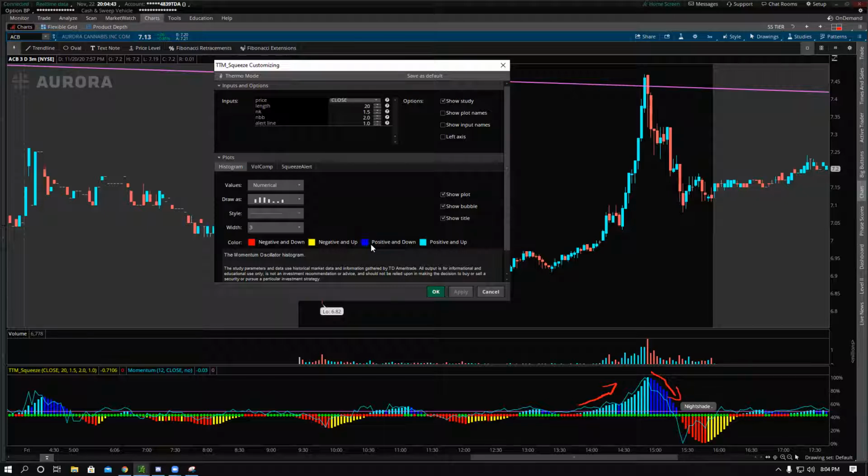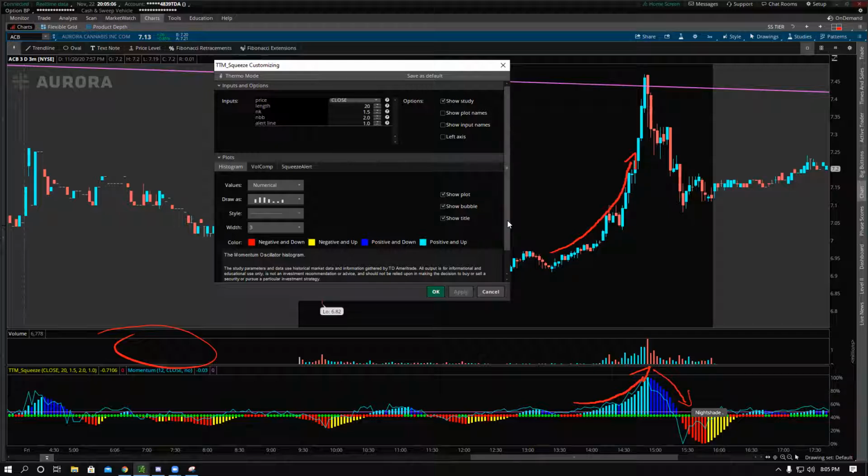Whenever you're on the top half of your TTM, you're going to have 2 colors for upwards momentum. This light blue color shows when the momentum's increasing, as you can clearly see right here. And this dark blue shows you when the momentum is decreasing.